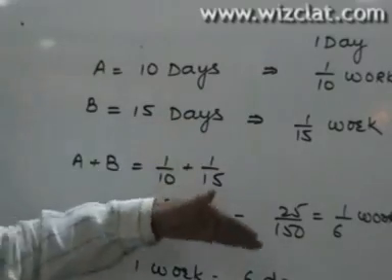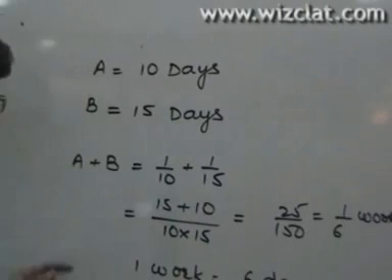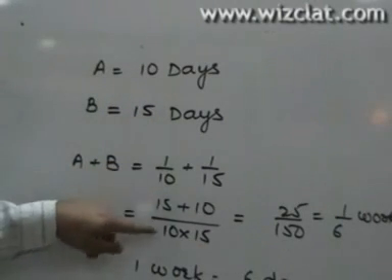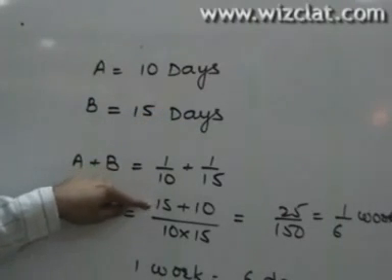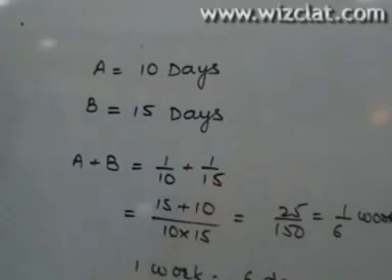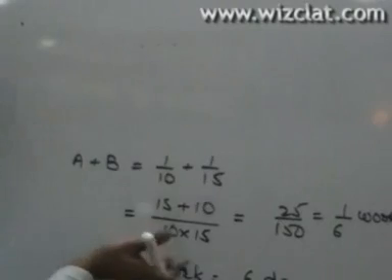If I want to develop a shortcut for this question, the method will be, see, A can do a piece of work in 10 days, B can do a piece of work in 15 days. Together they do it in 1 upon 10 plus 1 upon 15 as the one day work. And we took the LCM and whatever answer came here, we reversed it. So the shortcut here would be that this value should be reversed.